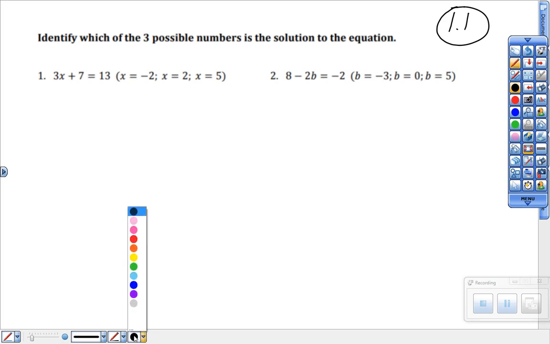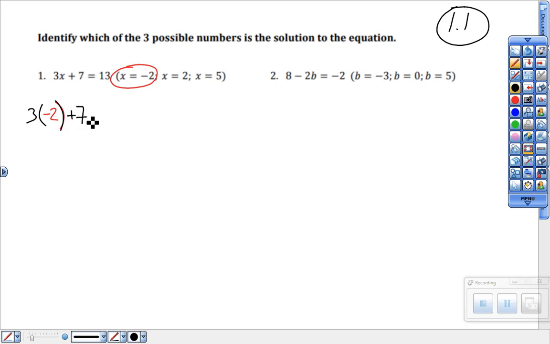If I was to take that 3x, and I am going to have you write this down, I leave that 3 there, but where that x is, I'm going to replace it with this first value, negative 2. Leave that parenthesis there, plus 7. And let's see if that math gives me an answer equal to 13.